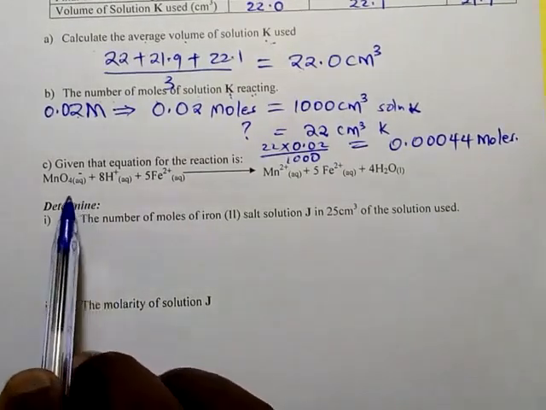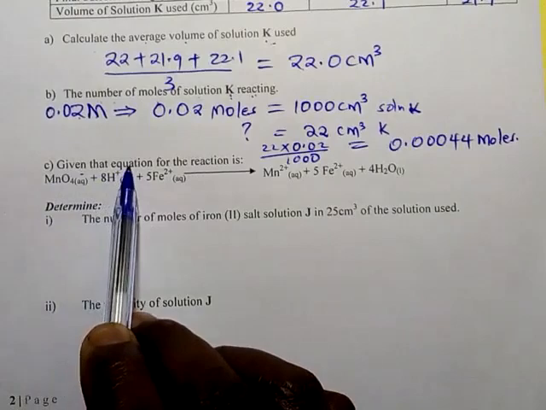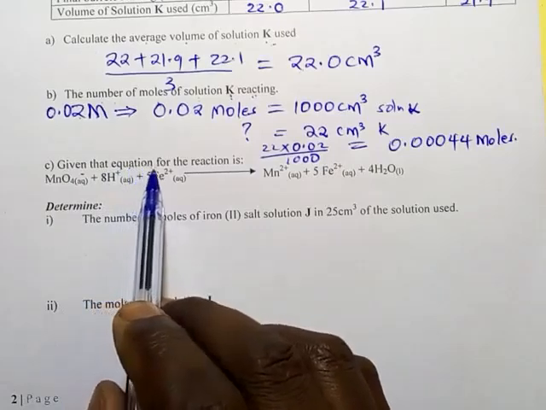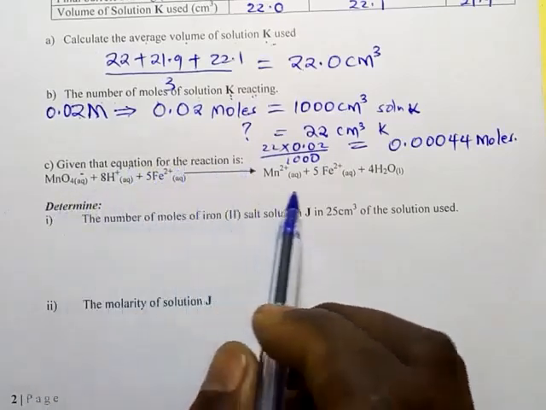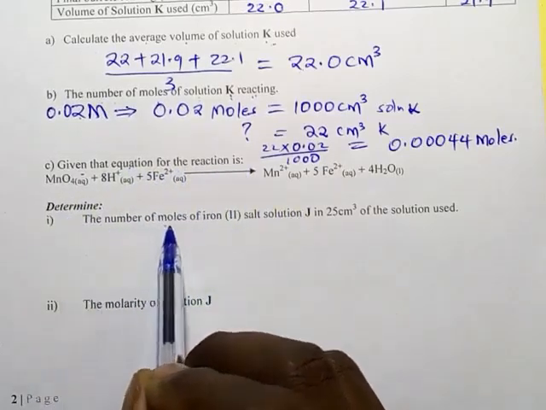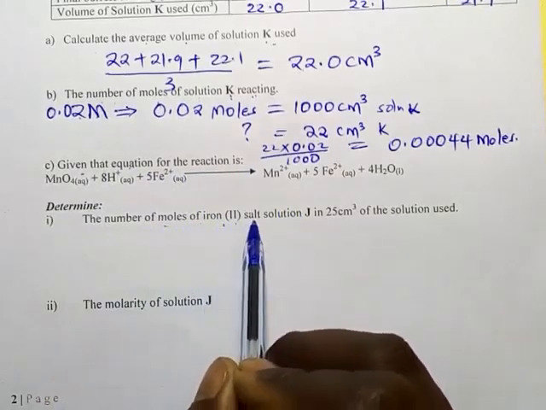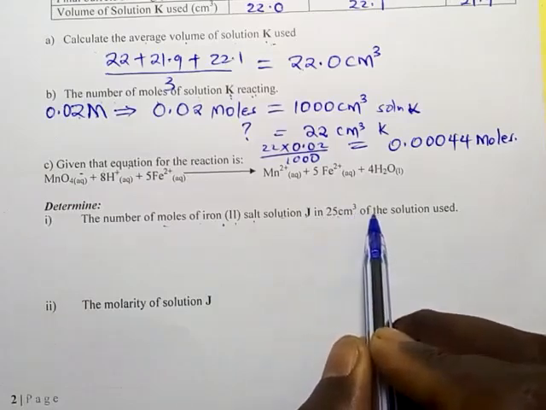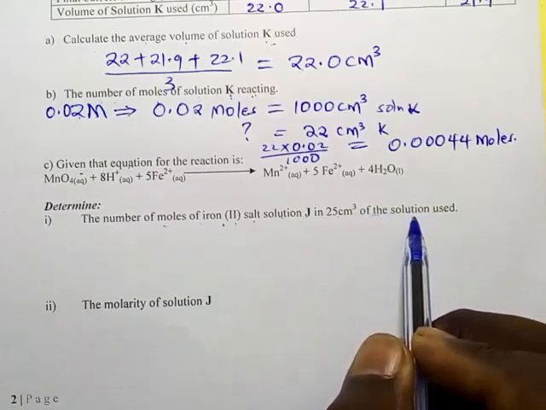Given the equation for the reaction, determine the number of moles of iron 2 salt solution J in 25 centimeters cube of solution used.